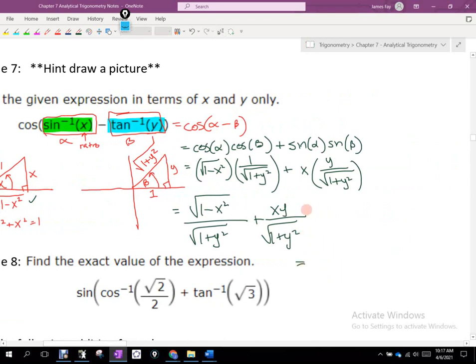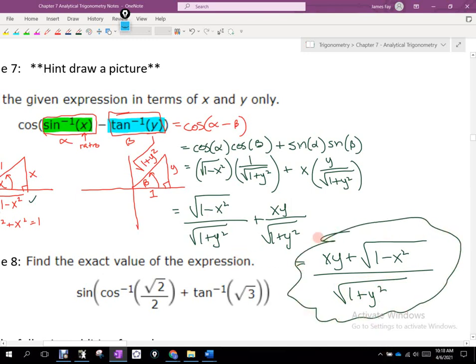Okay, so then we can rewrite this now as xy plus root 1 minus x squared over root 1 plus y squared. And what that does, so that right there is the exact same thing as that right there.